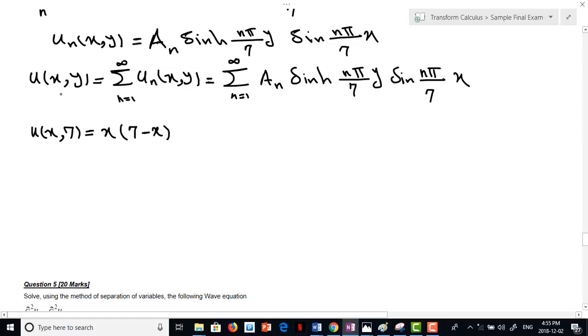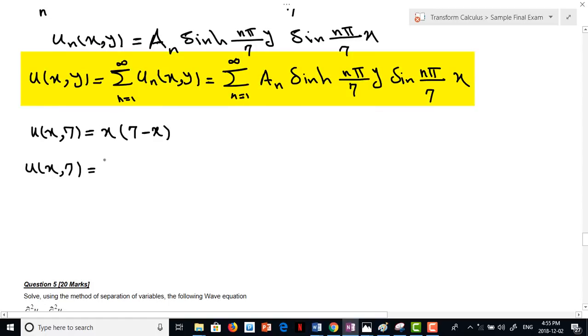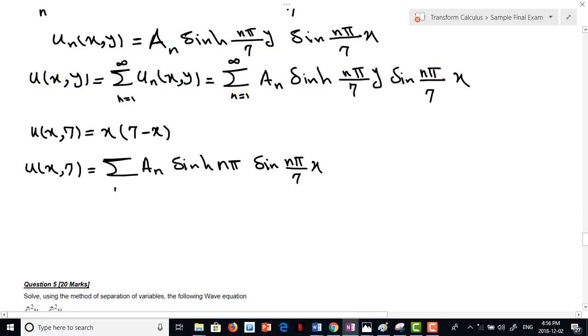If I plug it in this equation, it's equal to summation of an sine hyperbolic n pi over 7 times 7, so it's going to be n pi, sine n pi over 7 x, and it should be equal to x times 7 minus x.